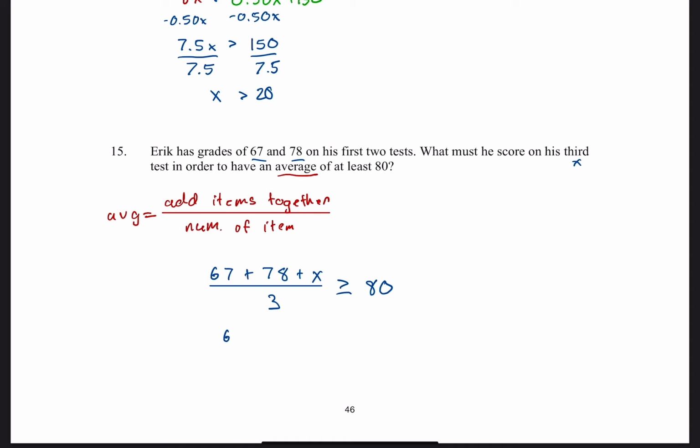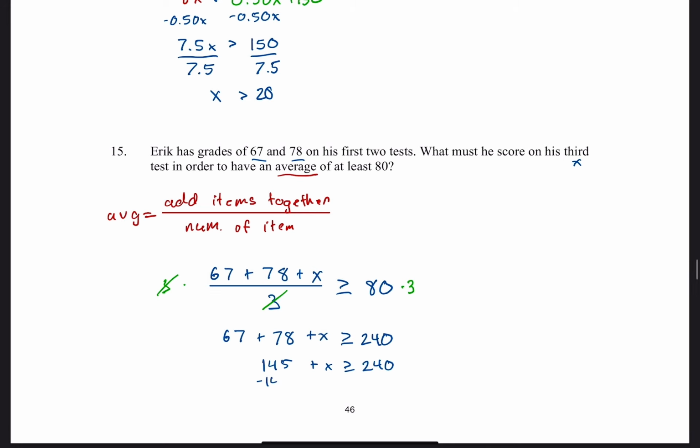To solve this, we'll multiply both sides by 3. So this will be 67 plus 78 plus x is greater than or equal to 240. Again, just multiplying both sides by 3, those threes cancel. We can go ahead and add the 67 and the 78. That'll give us 145 plus x is greater than or equal to 240.